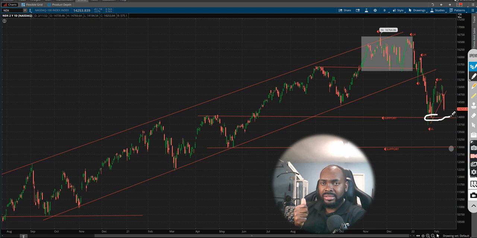This 14,000 level was a critical level for me in terms of my analysis of where the market can go. And if we look at it, the market is treading lower little by little. This was the first low into the trend line, where it broke a little bit, came back up, we got a lower high, and from there the market pushed down and made a lower low.